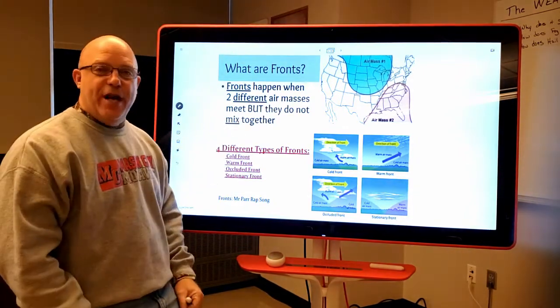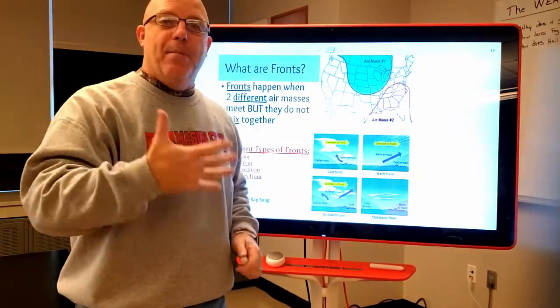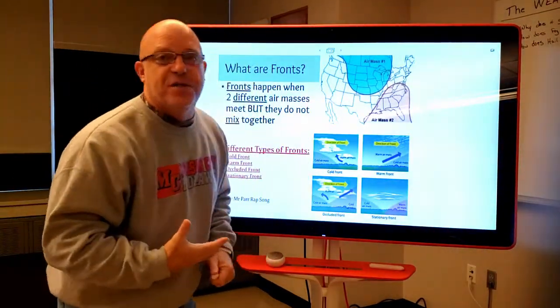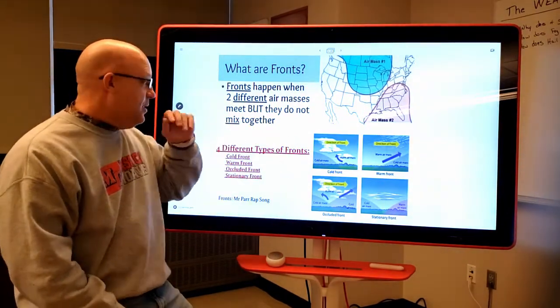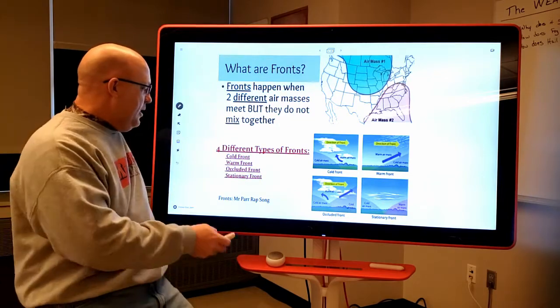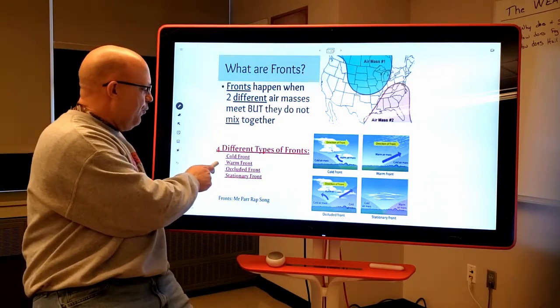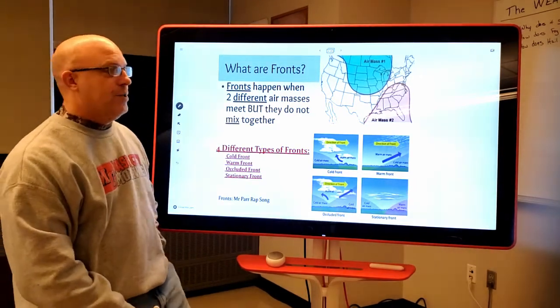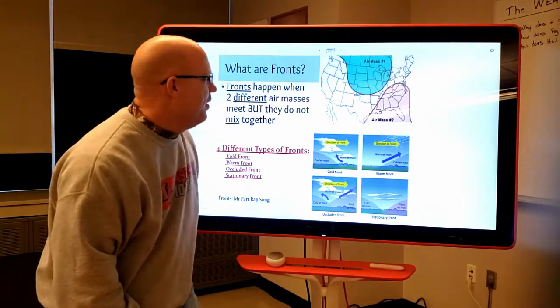And then you have a stationary front where you have two people, cold air and warm air, pushing and they're not moving. The net balance or the net force is zero. These are the four types of fronts that you're going to see on the map. Generally speaking, we don't do a lot with the occluded front. We usually focus on cold front, warm front, and stationary fronts. The occluded front is kind of the exception to the rule type thing.